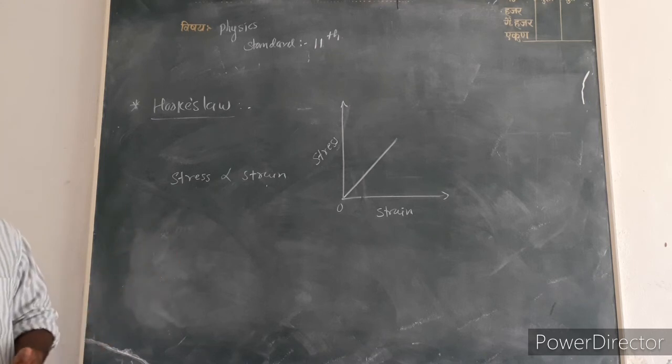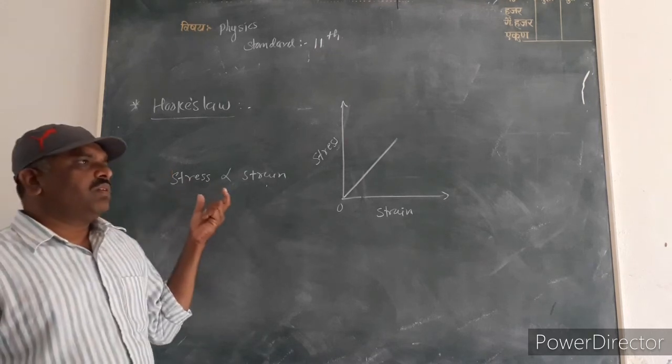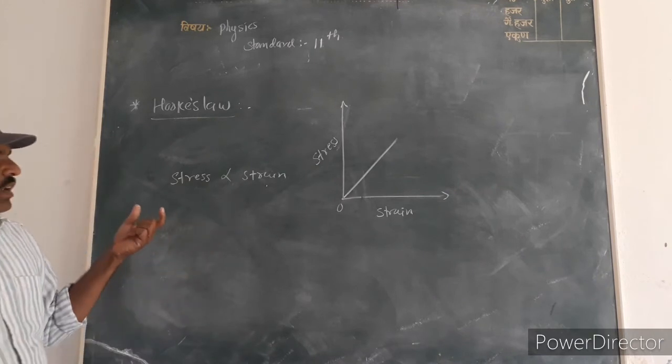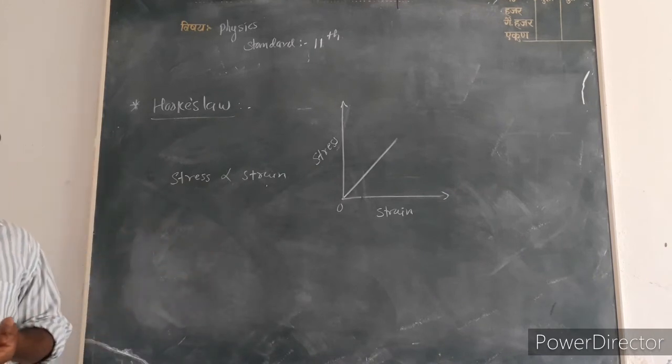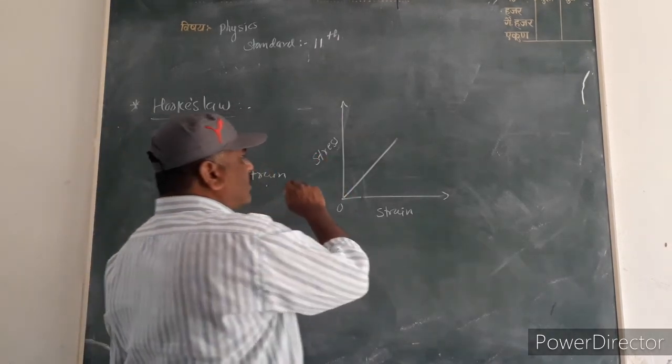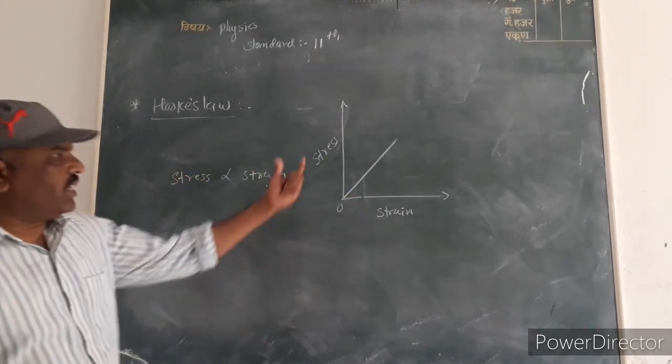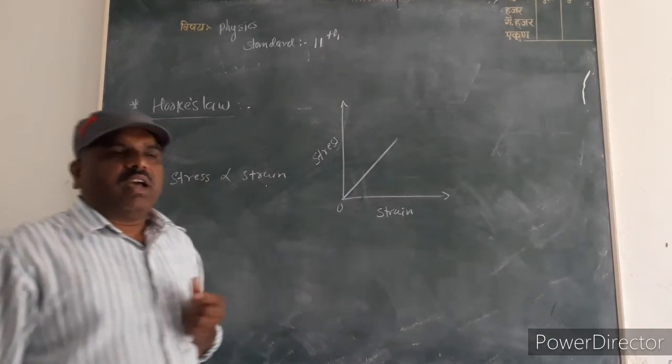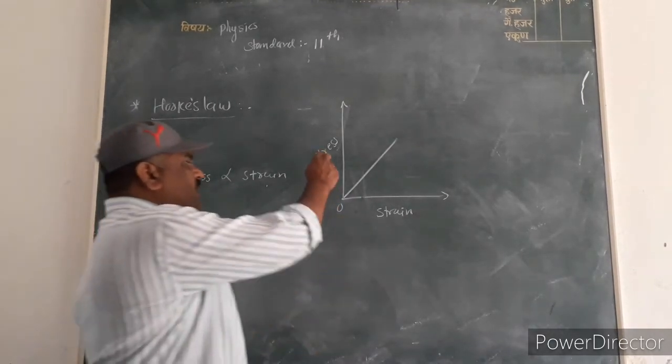Within elastic limit, Hooke studied the quantities stress and strain and plotted a graph of stress and strain.